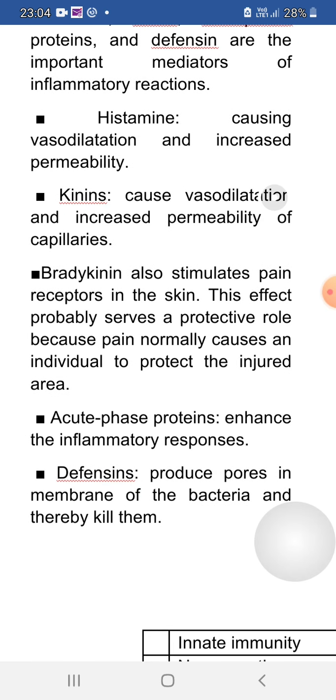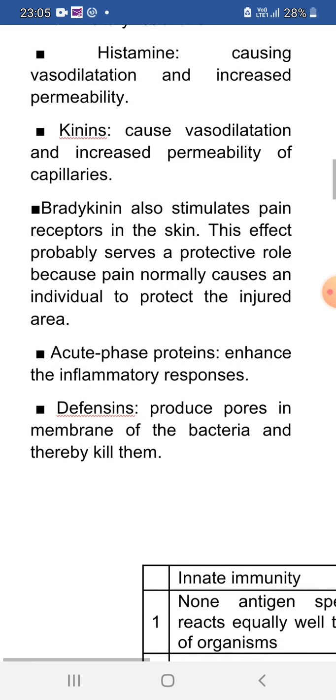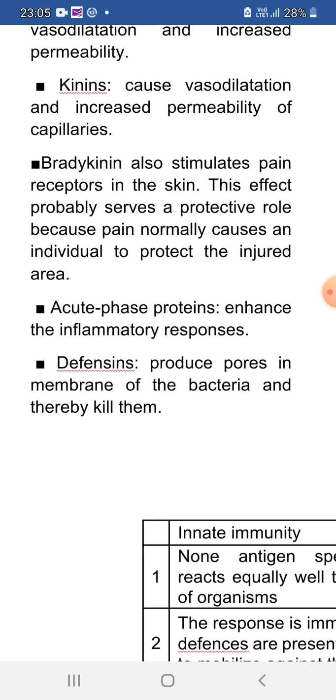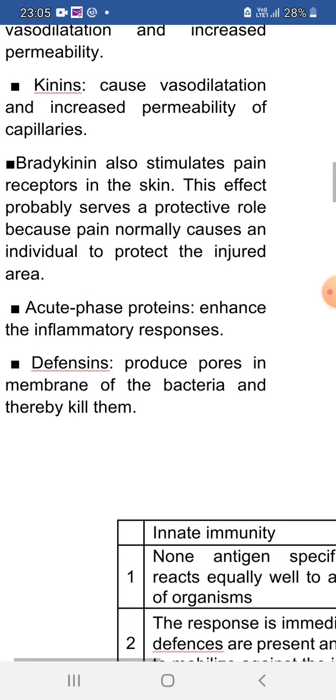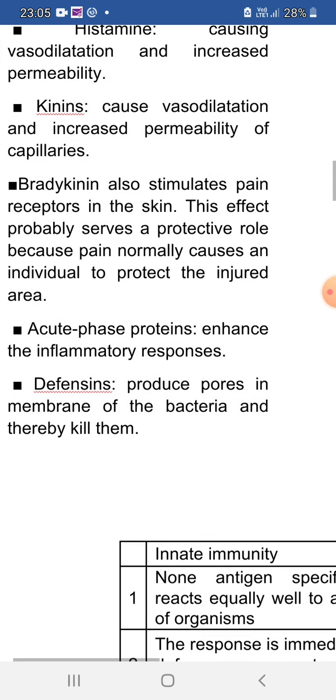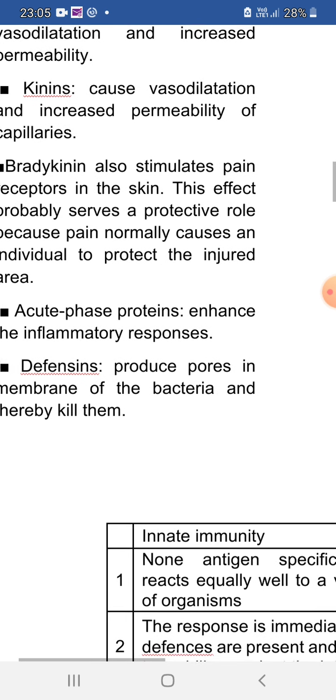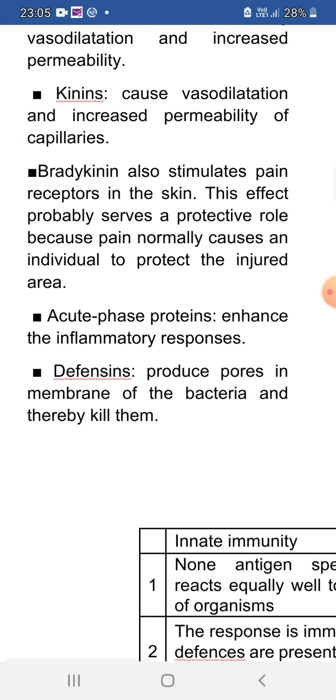Then we have acute phase proteins like C-reactive protein, which enhance inflammation and cause killing of the infecting substance by activating the complement system. Then we have defensins, which kill bacteria by lysis.